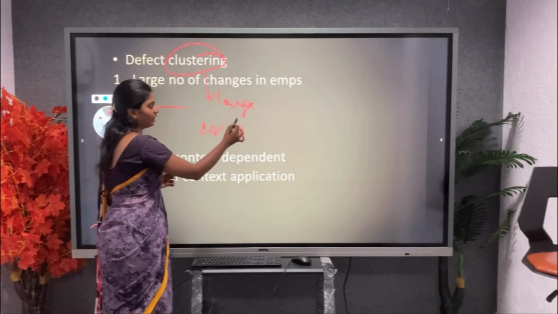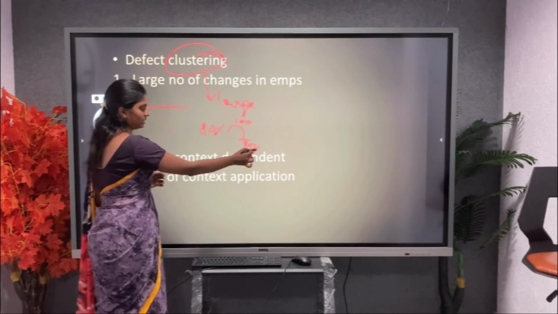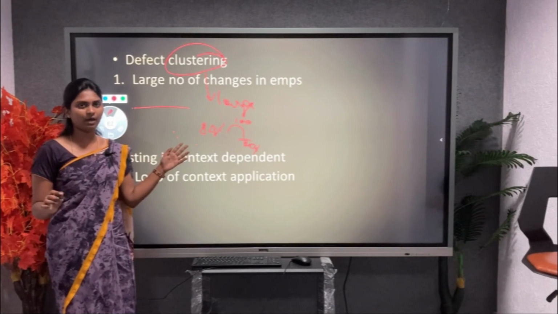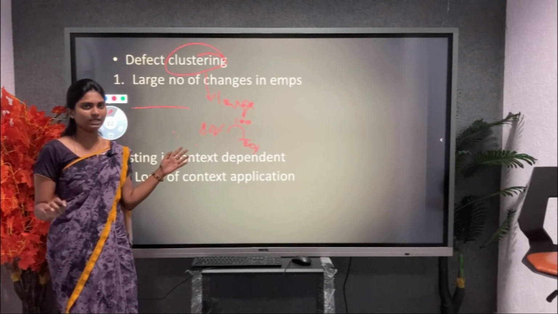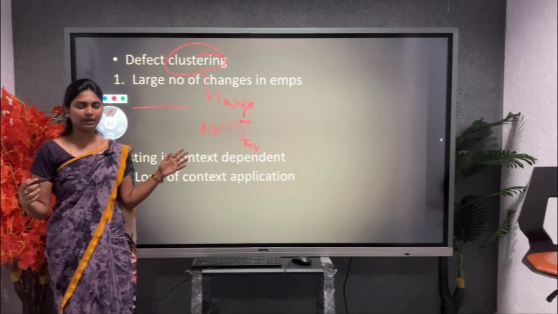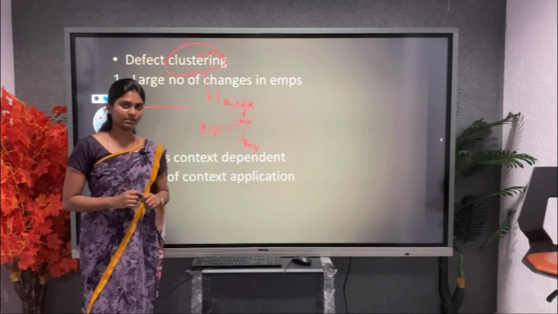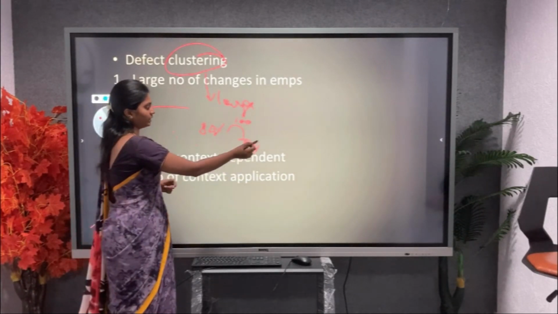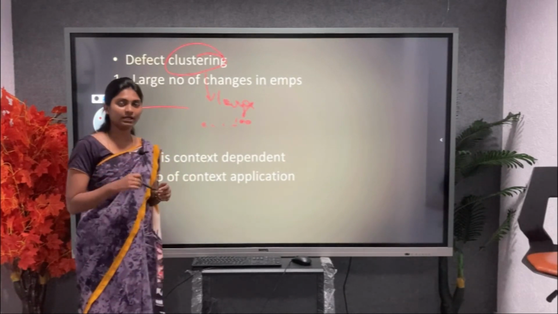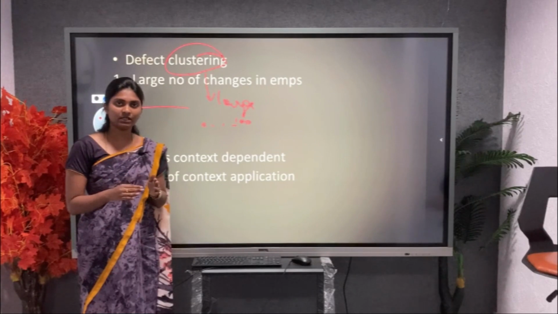So 100 minus 80, 20% is left. He released it to the market and gave it to the customer, saying the product is released successfully with the best quality by the particular standards. After delivery to the customers, he will find that 20% is not bug free, while 80% is bug free.